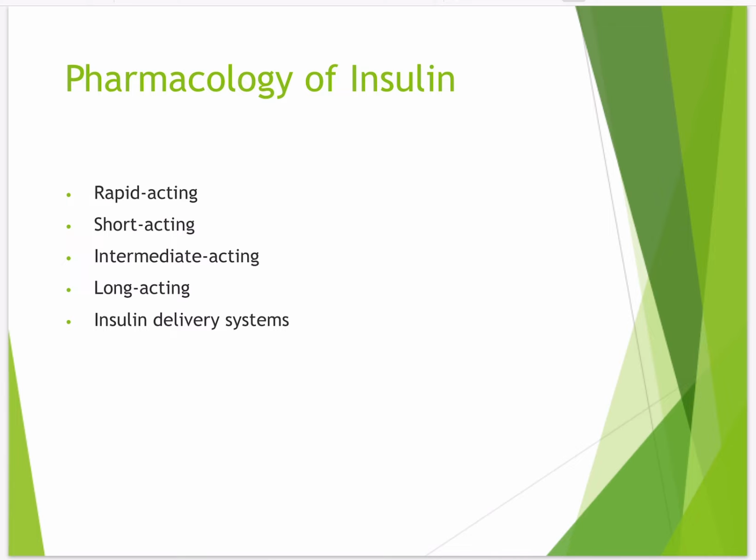For example, hemoglobin A1C, if the amount is more than 6.5%, or fasting glucose bigger than 7 millimole per liter, or 2-hour plasma glucose after eating more than 11.1 millimole per liter.